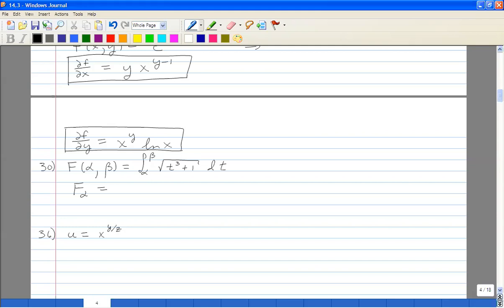Since alpha is a lower limit, we recall that this is just minus the integrand evaluated at alpha. Whereas if it's the upper limit, we just evaluate the integrand.